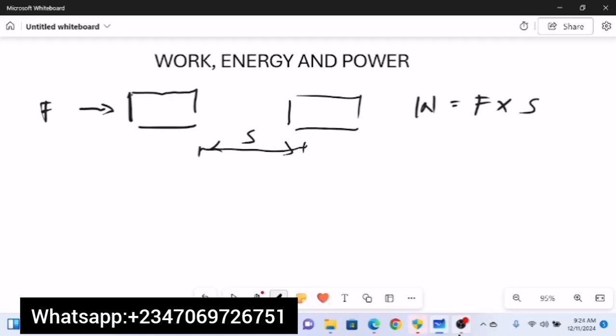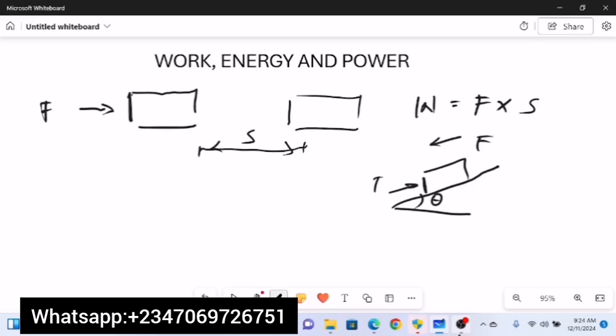Now let's say we have an object inclined at an angle theta to the horizontal, as can be shown here. Let a force either pull this object up the plane or pull this object down the plane.